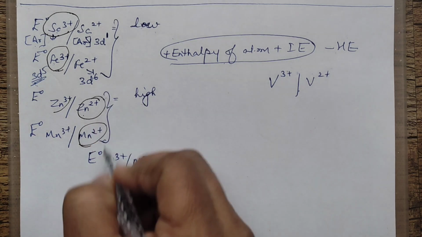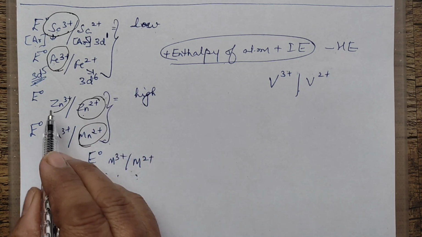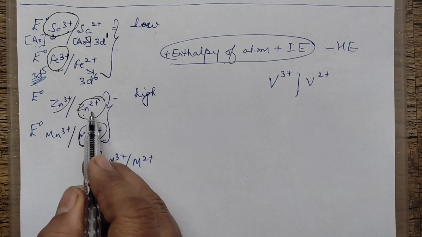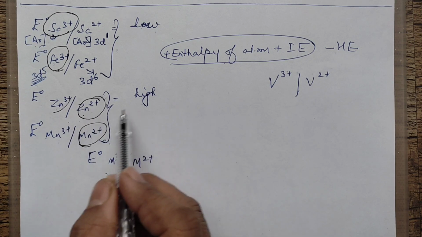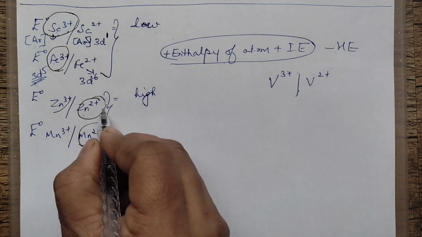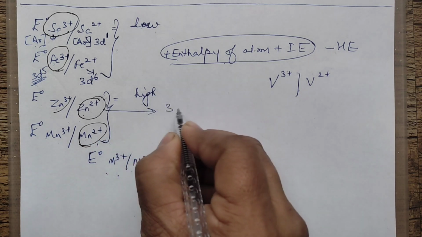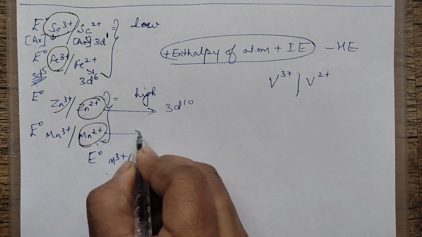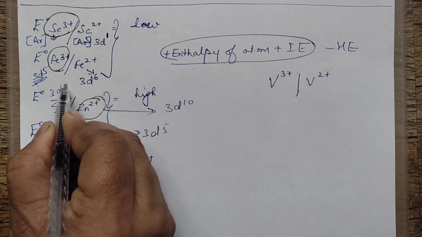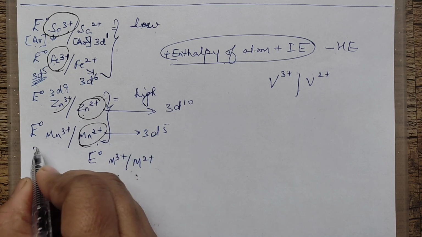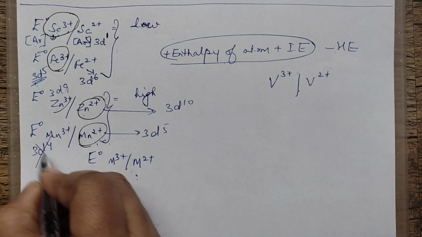Okay. Now for these two, zinc and Mn, Zn3+/Zn2+ and Mn3+/Mn2+, which is more stable? The lower ones. Why? You can write as per the configuration. This is 3d10 and this is 3d5. If it loses one more electron, it will be 3d9, and it will not like to lose an electron. The other will be 3d4, which is not possible.